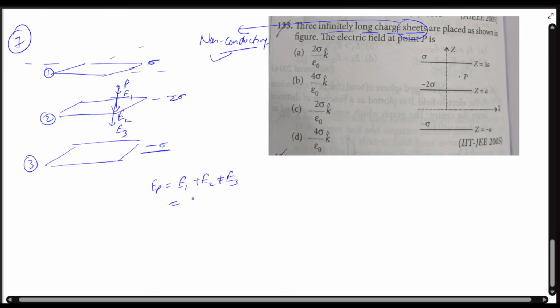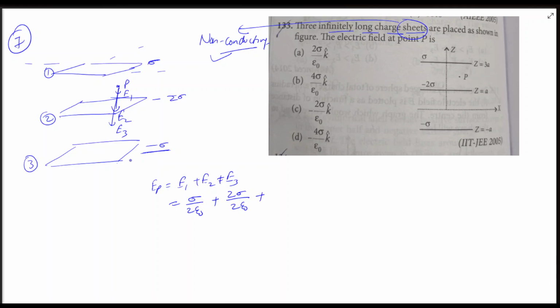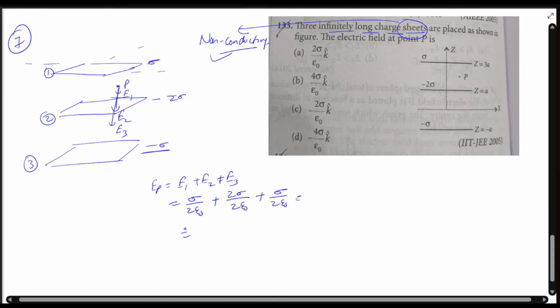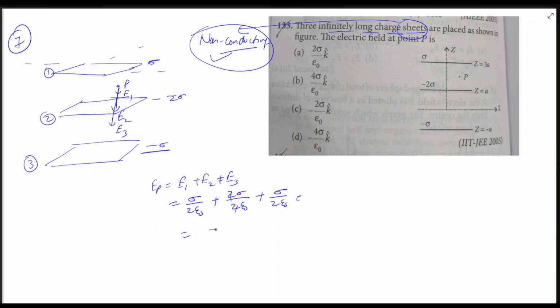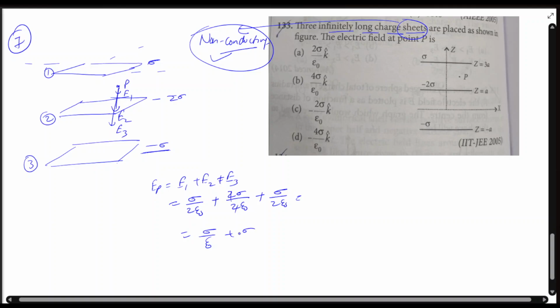So due to E1 it will be sigma upon 2 epsilon naught, plus due to E2 it will be 2 sigma upon 2 epsilon naught, plus due to this it will be simply sigma upon 2 epsilon naught. Yes, for non-conducting it was divided by 2, right? For conducting it was sigma upon epsilon naught. So we have to consider it as non-conducting. This will be sigma upon epsilon naught plus sigma upon epsilon naught.